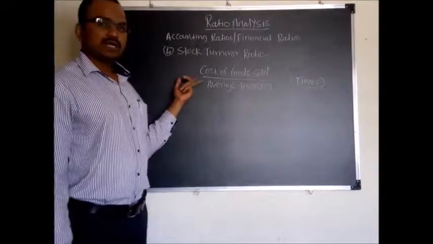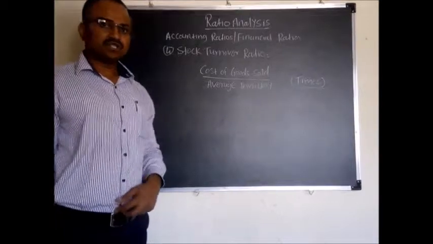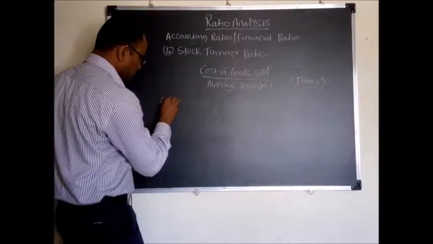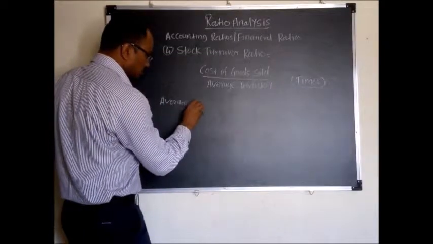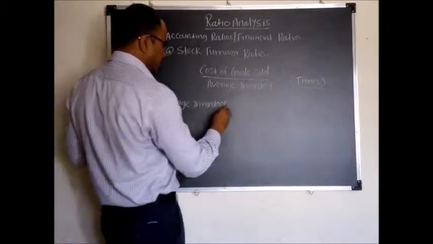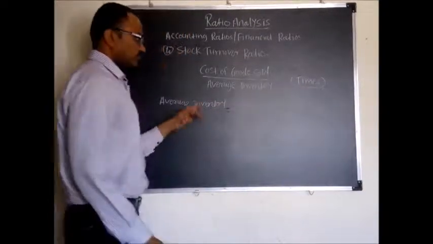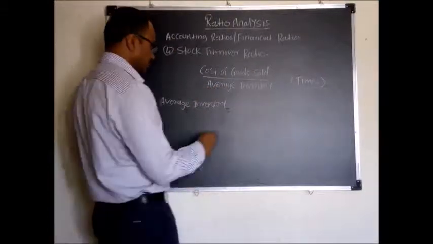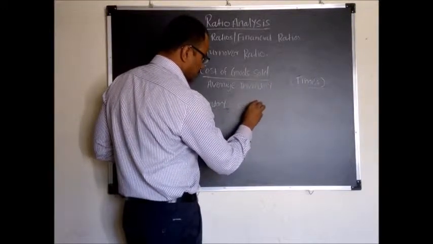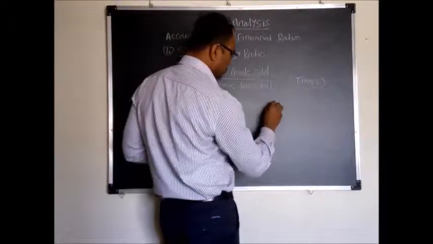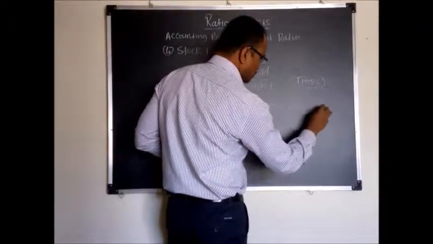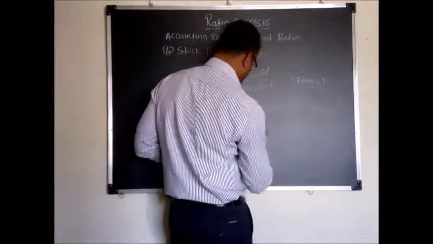We have seen how to calculate the cost of goods sold. Average inventory, or average stock, where inventory means stock, is calculated by using this formula: opening stock plus closing stock upon 2.